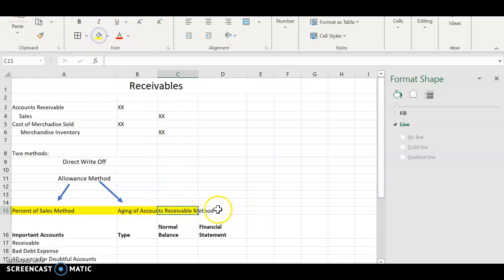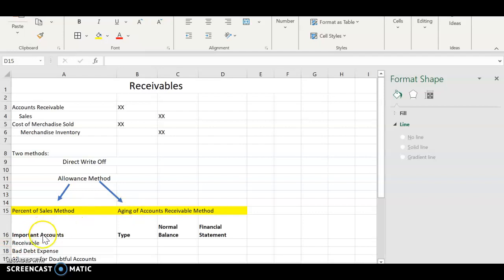So those are two of the ways we're going to look at estimating bad debt expense. And whichever method we're asked to do will change the way we do it a little bit. So you have to know which method we're going to be doing, and we'll be doing both in this chapter.